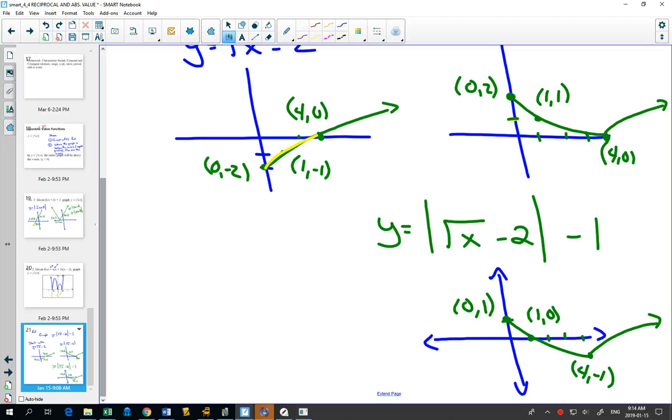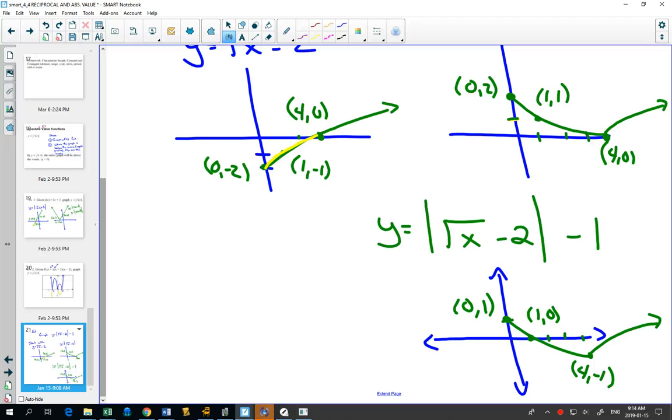What's that? You keep the negative. That's why I wanted to show you this example, because it had an absolute value in the original question, but in the end there are some negative values, which should make sense because what are we doing at the end? We're subtracting 1.